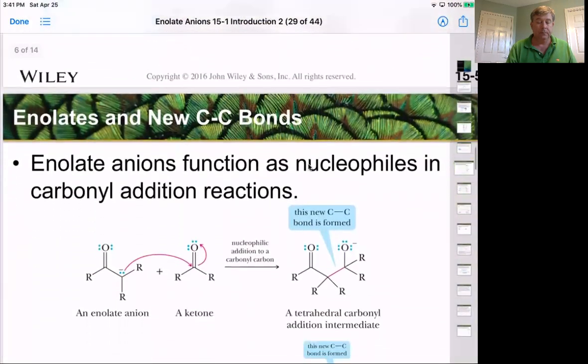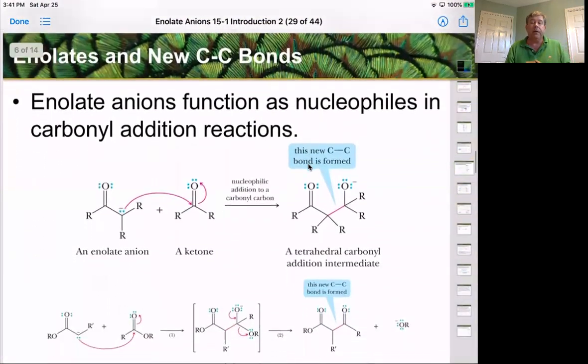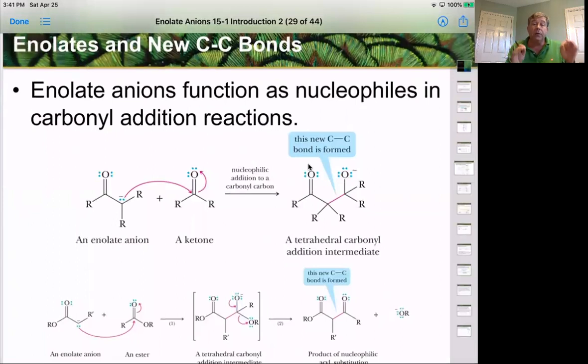Okay. So let's talk about what we can do with enolates. Once we form this anion on the alpha carbon, one carbon over from the carbonyl, by removing that acidic alpha hydrogen, we've generated an anion. And as we know from our substitution reactions and our reactions with ketones, a nucleophile attacks a partially positive system or can displace a negative ion.